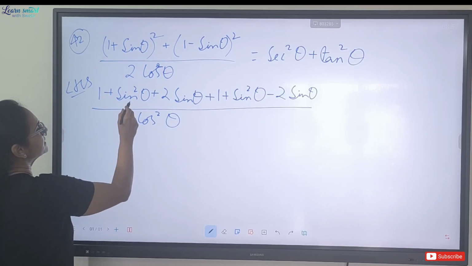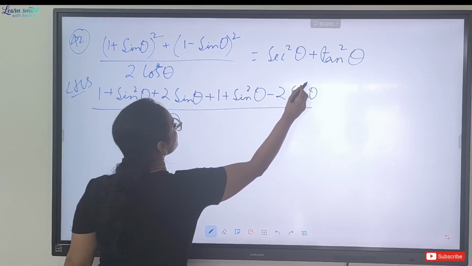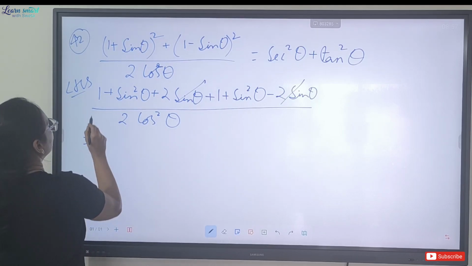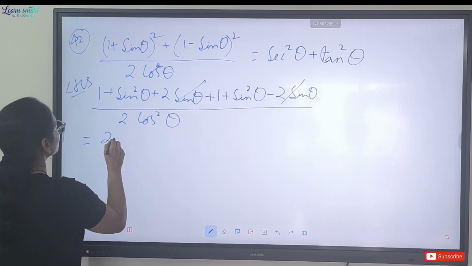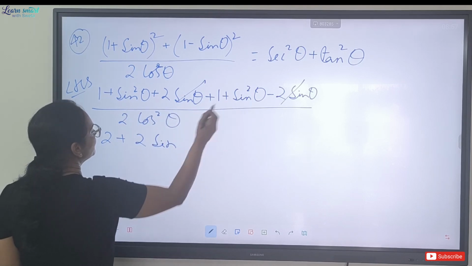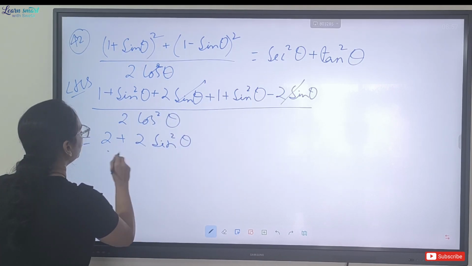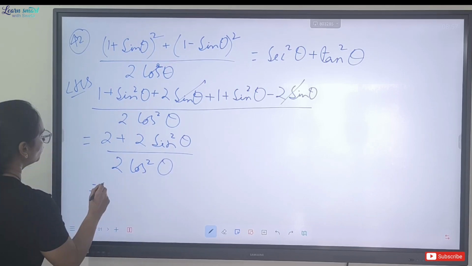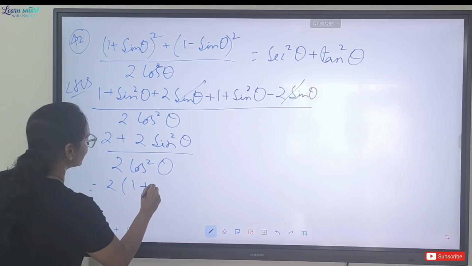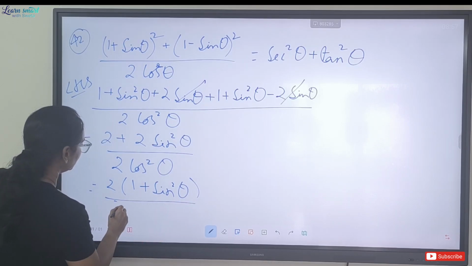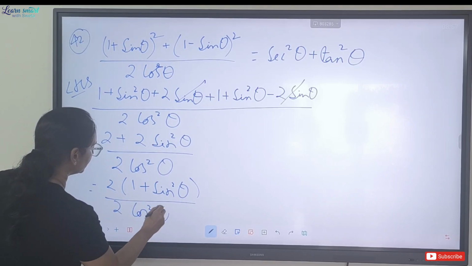Now here we can cancel minus 2 sin theta and plus 2 sin theta. And we get 1 plus 1, which is 2. So 2 plus 2 sin square theta, because sin square theta plus sin square theta, upon 2 cos square theta. Now let's take 2 common. So 2 into 1 plus sin square theta by 2 into cos square theta.